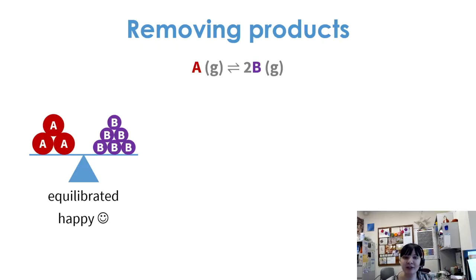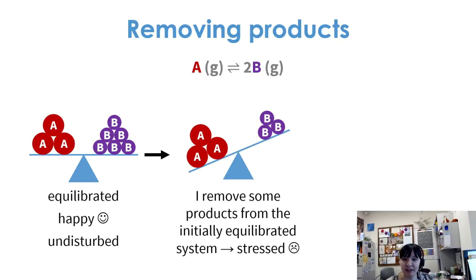I have the perfect amount of products and reactants, and so this equilibrium is unbothered, it is undisturbed, it is totally good. But some outside stressor goes in and it messes with the equilibrium. Perhaps it scoops away some of the product here, it flushes out some of the B that's in there, and so as a result, right now we have that imbalance. We essentially have too much reactant and too little product, and so now the system is stressed.